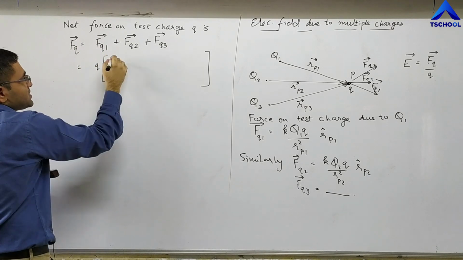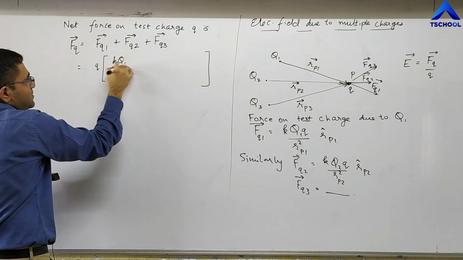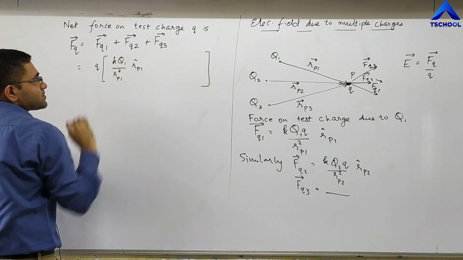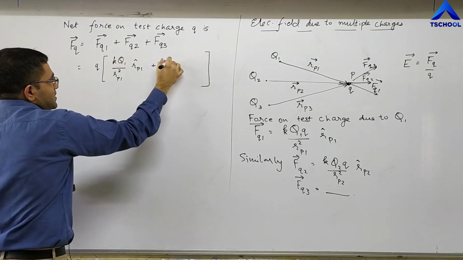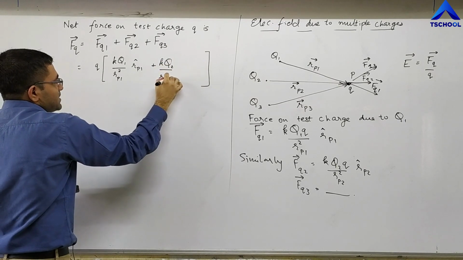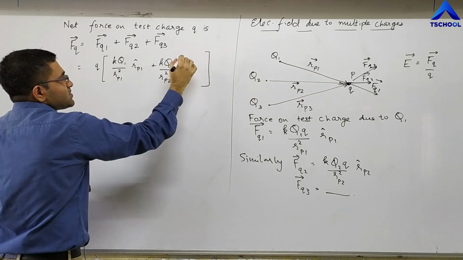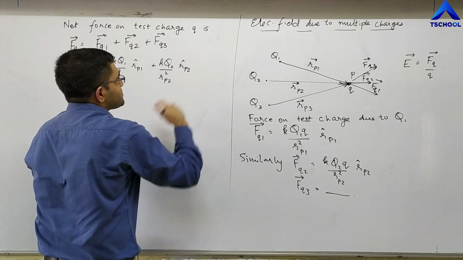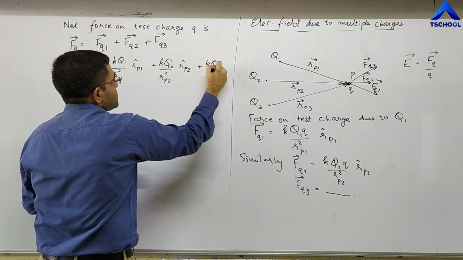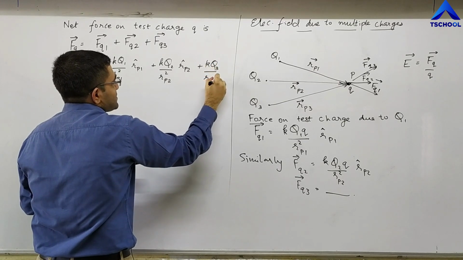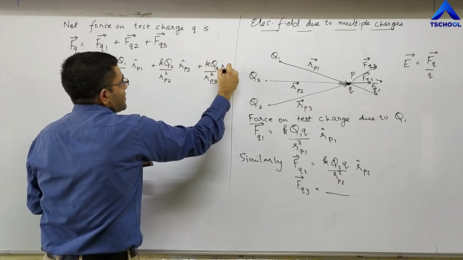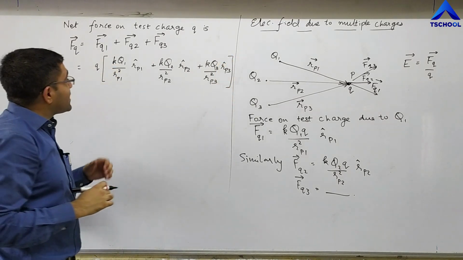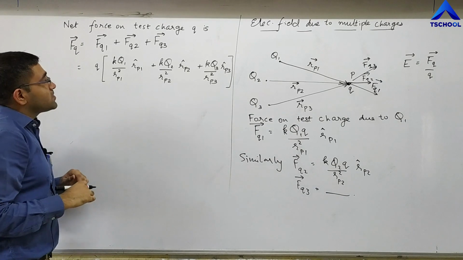So what we get is K Q1 by RP1 squared RP1 hat plus K Q2 by RP2 squared RP2 hat and plus K Q3 by RP3 squared RP3 hat. Okay, so that is what we have, right?